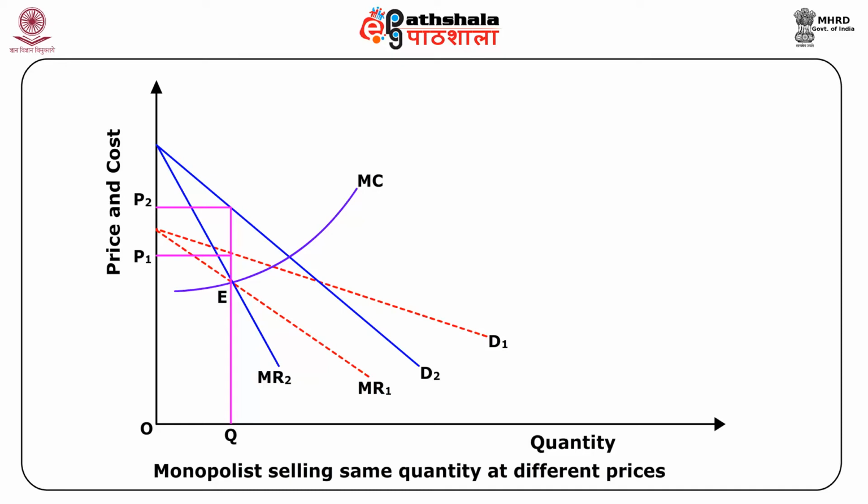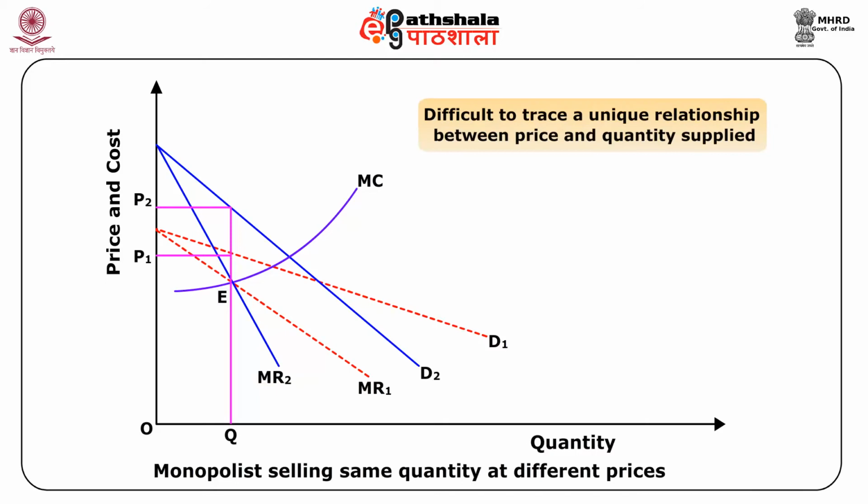For a monopoly firm, the equilibrium output is attained at a point where MR is equal to MC and P is greater than MC. Therefore, under this condition, it becomes very difficult to trace a unique relationship between the price and the quantity supplied.